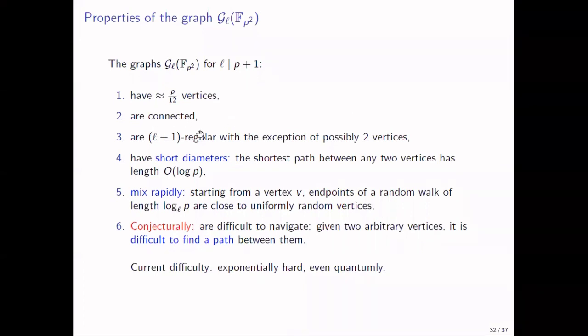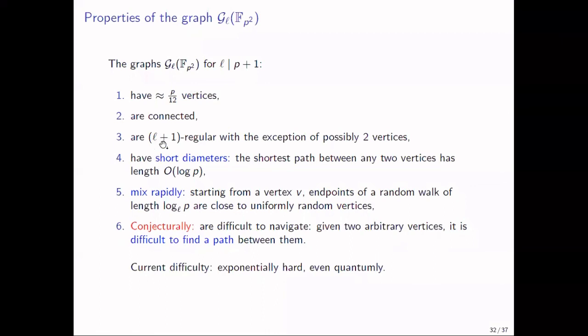What is also interesting is that these graphs will be connected. So remember with the CSIDH graph, it was possible to just get a bunch of cycles for the action of l-isogenies. But here, these graphs are connected, so you can connect any two supersingular elliptic curves defined over F_p squared by a sequence of l-isogenies.